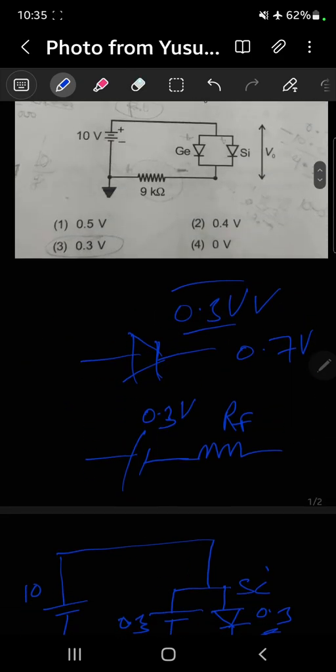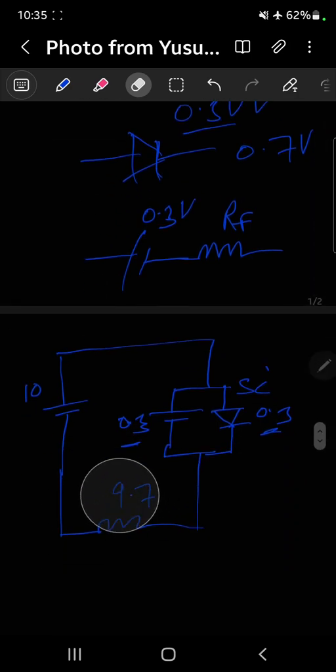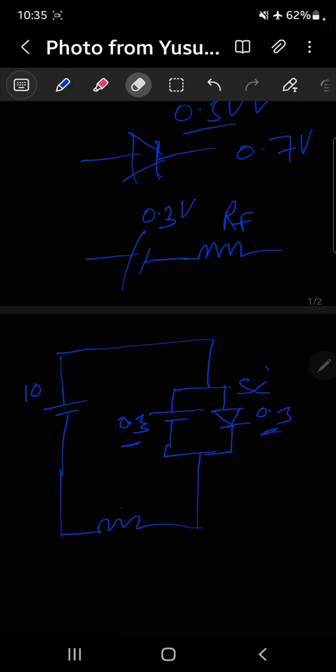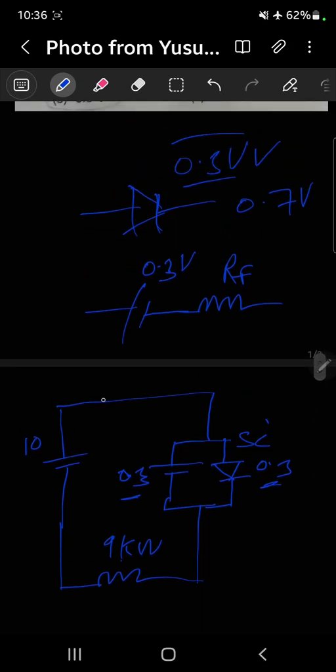It is 9 kilo ohm. Okay, now current is coming like this.